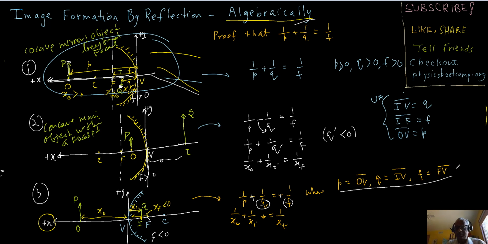So either you use all positive and then you end up with all these signs, or you introduce a common formula, but you remember the sign conventions and don't try to overcorrect.